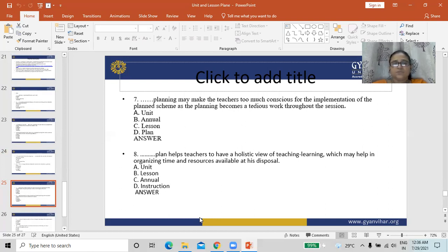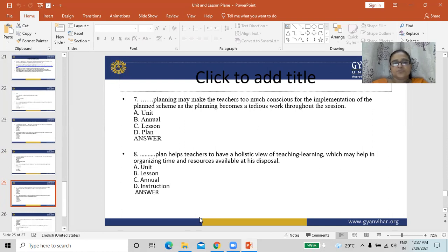Next MCQs. Plan helps the teacher to have a holistic view of teaching learning, which may help in organizing the time and resources available at his disposal.